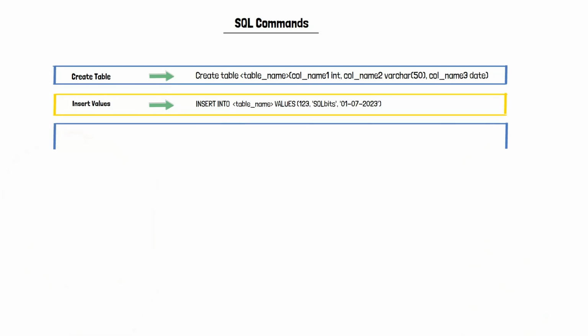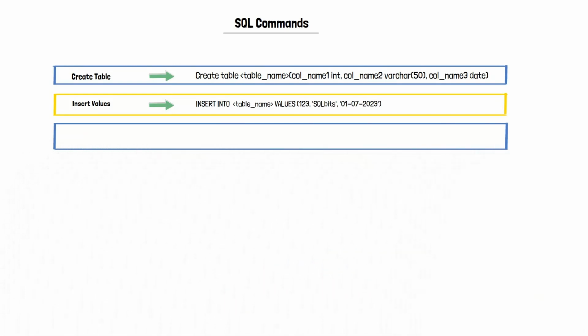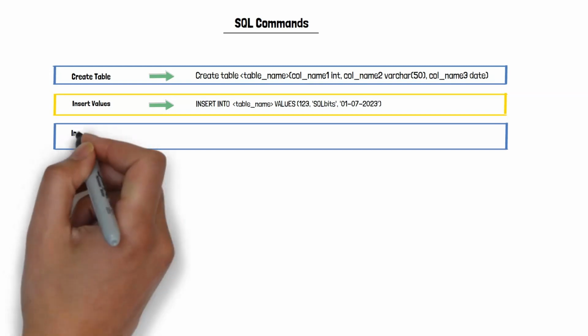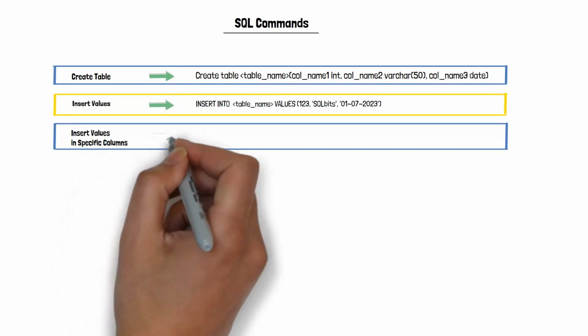Remember, if you are putting the values of text data type, you need to enclose it in the quotes. Okay. Also, when you are putting the values, you need to make sure that values are in the same sequence as the sequence of columns which are defined at the time of creating the table.